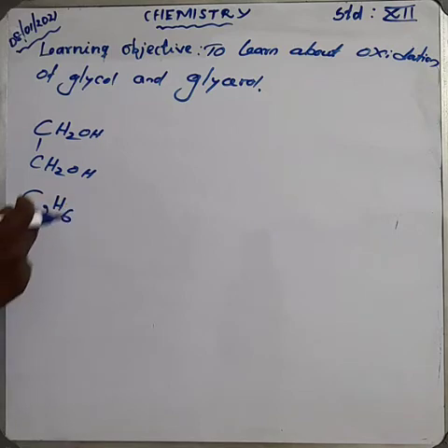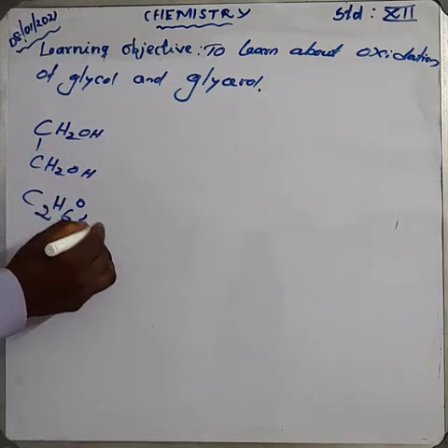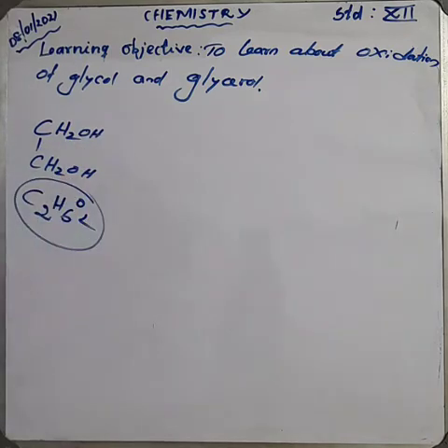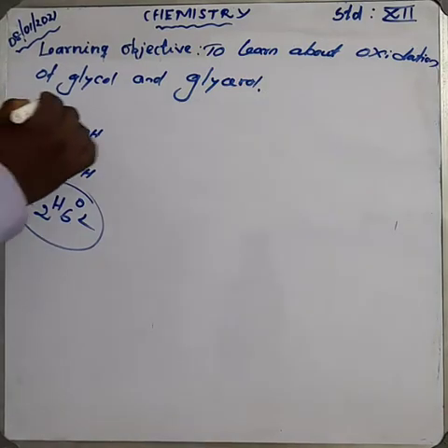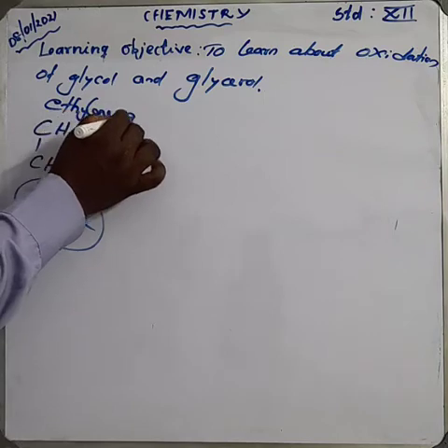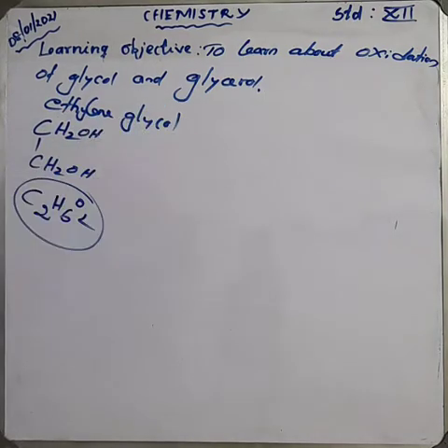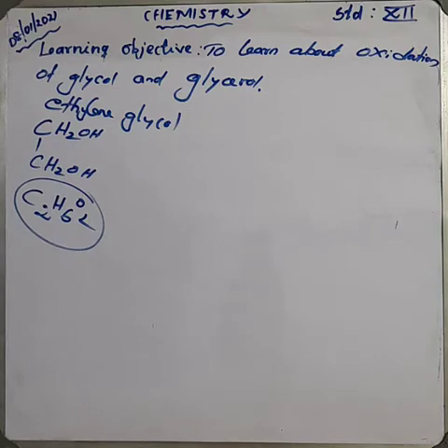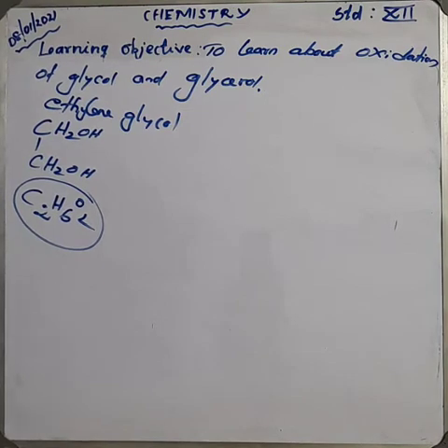And oxygen also, having 2 oxygen. So the molecular formula for ethylene glycol is C2H6O2. Clear? So this is the formula for ethylene glycol.